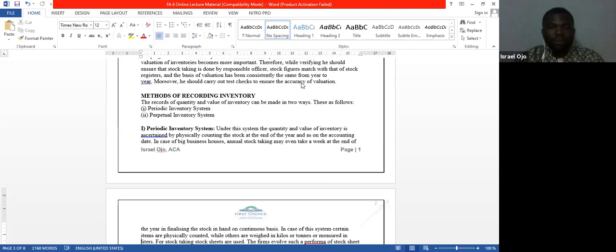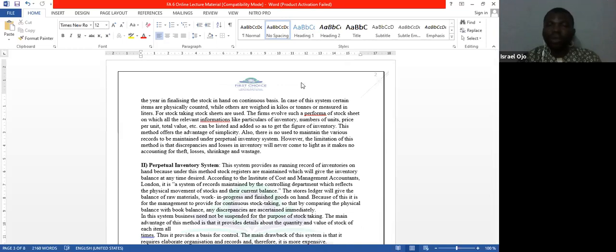Now, for the perpetual inventory system, this system provides a running record of inventory on hand, because under this method, stock registers are maintained, which will give the inventory balance at any time desired. This method is used by an organization to ascertain the level of their inventory at a particular point in time.